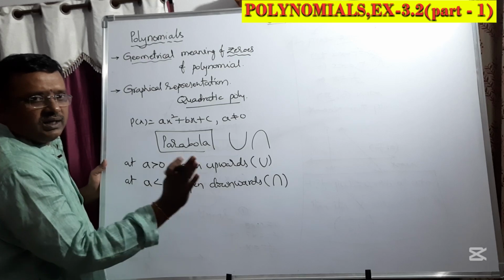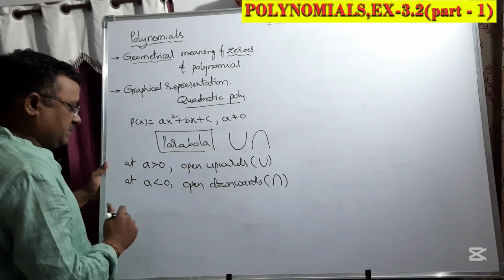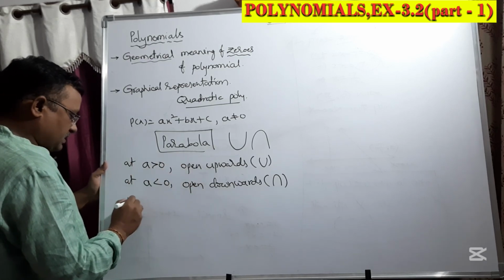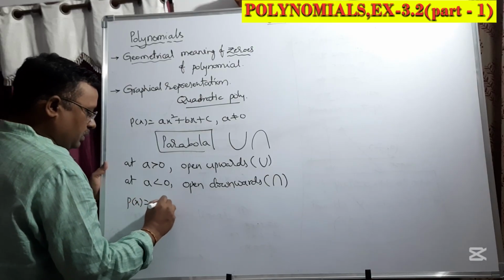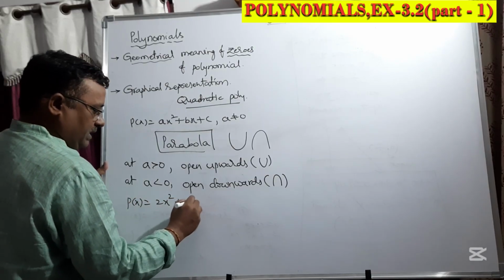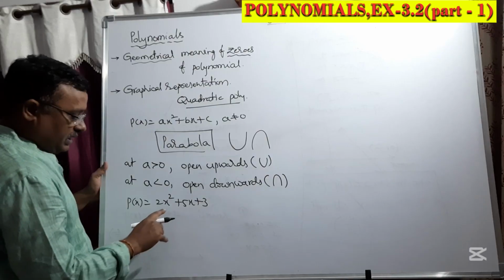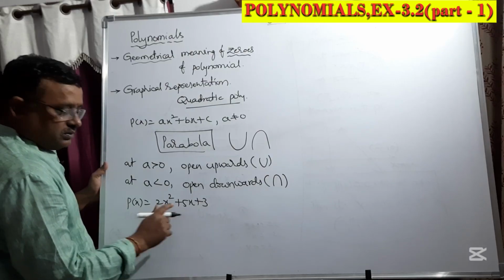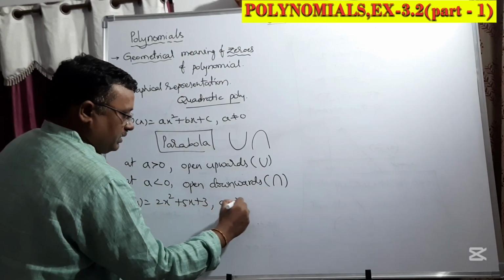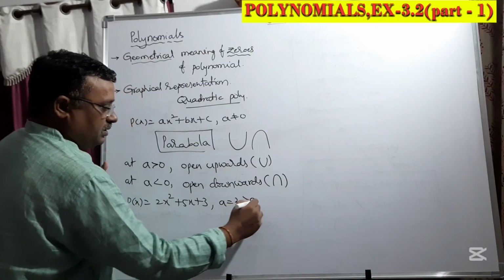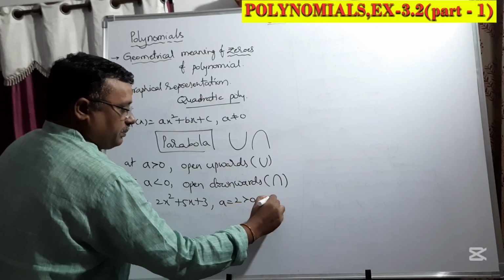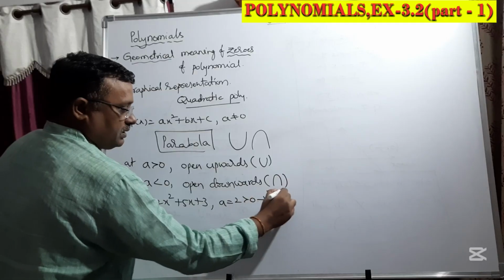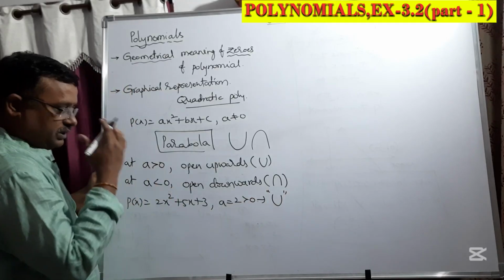These 2 points are very important for bits. Simple example: if p of x equals 2x square plus 5x plus 3, here a equals 2, which is greater than 0, therefore it always represents an open upwards parabola. Remember that one, U shape.